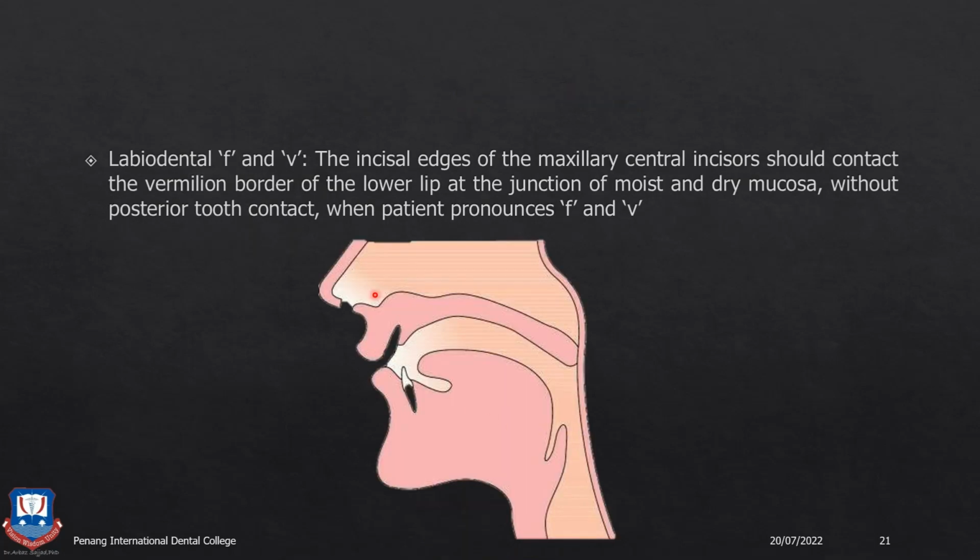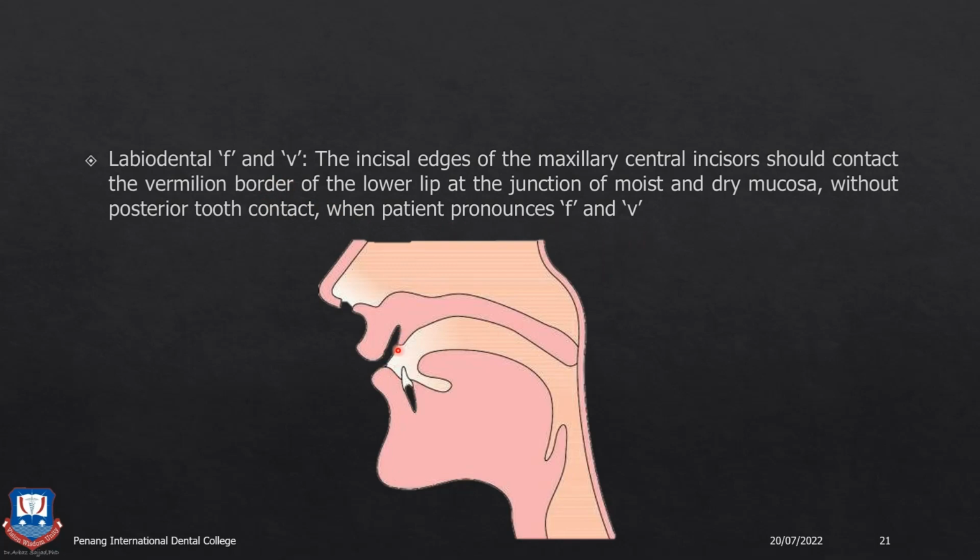Then you have to check for labiodental sound. As I told you, labiodental sounds are sounds which are made by the contact of the maxillary teeth with the lower lip, vermilion border of the lower lip. So if a patient says words which include F or V, like fly or vault, any words which has F or V in it, you need to verify whether patient is able to pronounce these words properly.